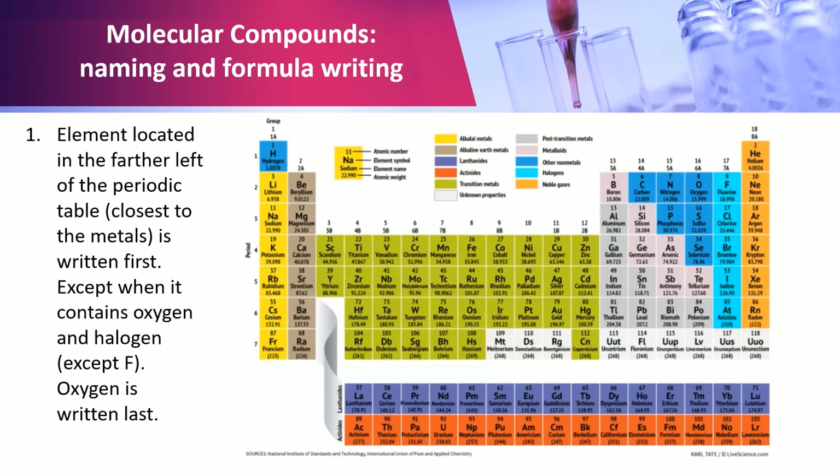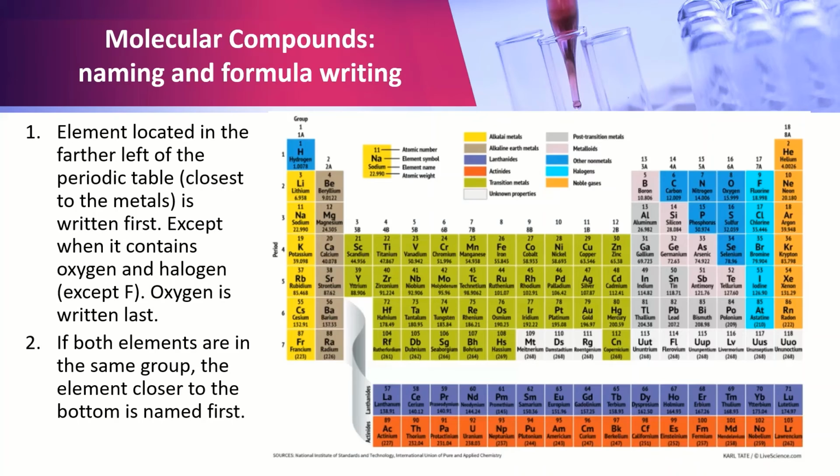Let's go to naming and formula writing of molecular compounds. First, the element located farther left of the periodic table, closest to the metals, is written first, except when it contains oxygen and halogen except fluorine. Oxygen is written last.